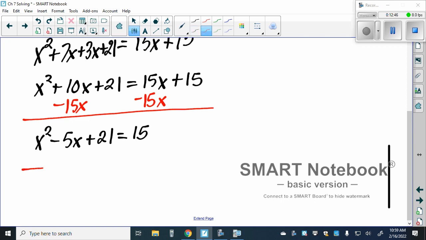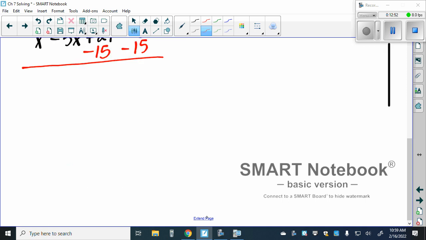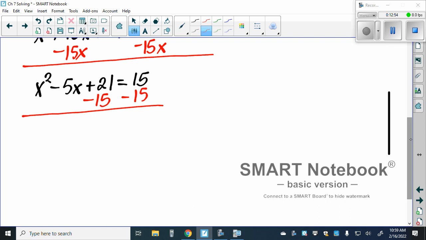And at this point here, we can subtract 15 from both sides. I'll scroll back down, which will tell us that we have x squared minus 5x plus 6 is equal to 0.